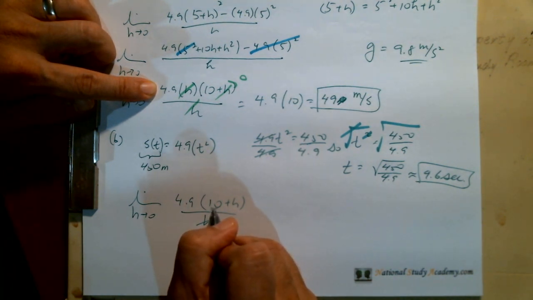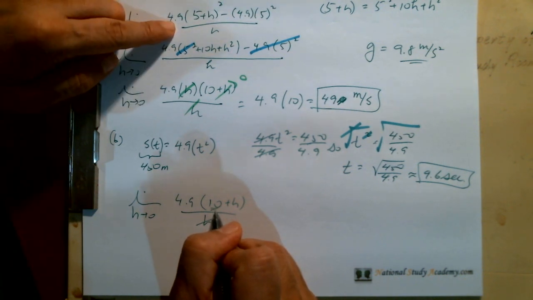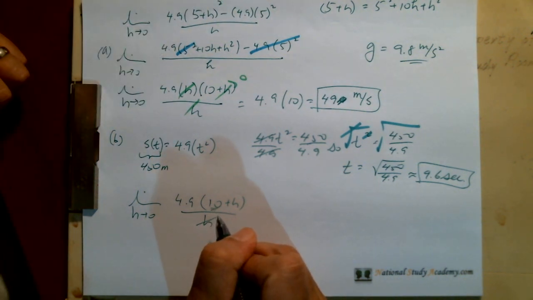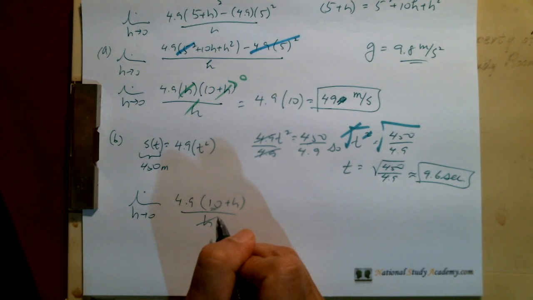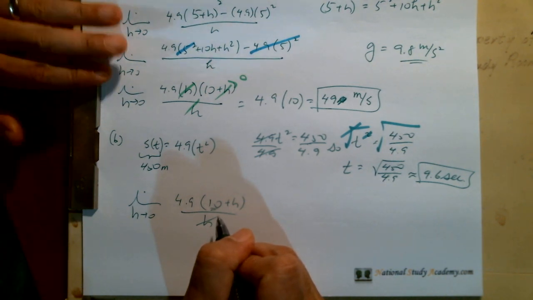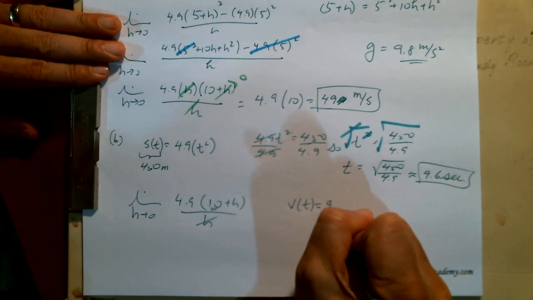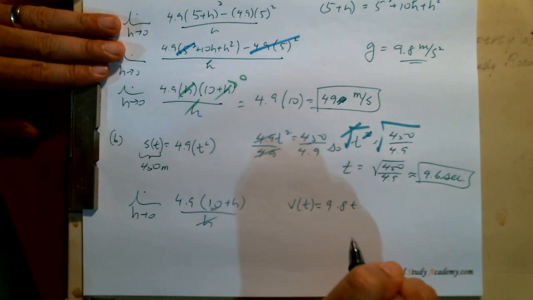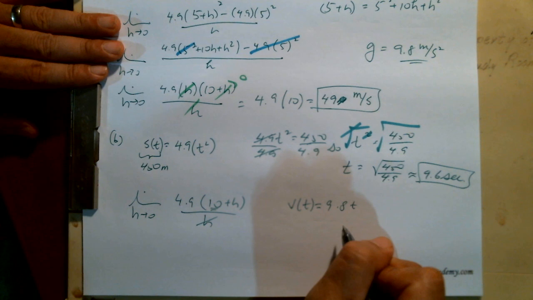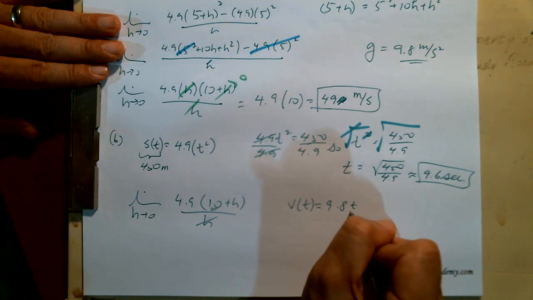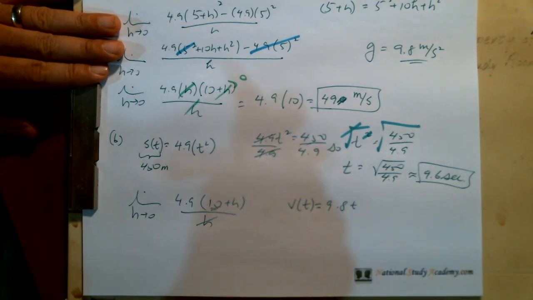What was the value of 10? It was a little bit of a different value. Actually, what I'm going to do in this situation is use that the velocity at time t is 9.8 t. I'm going to get to this a little bit later on, maybe, and show you how I got it.